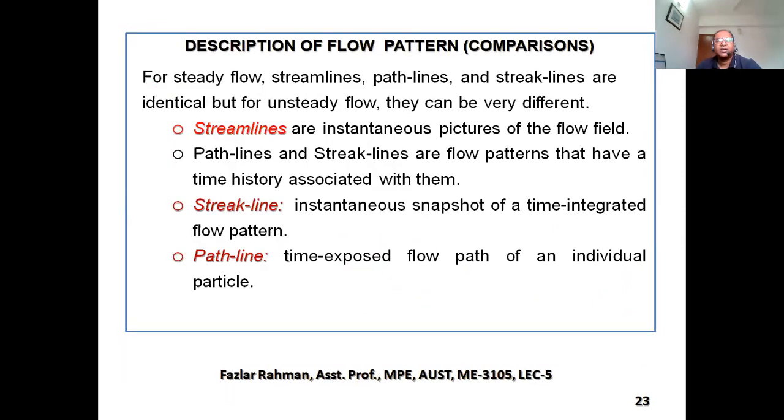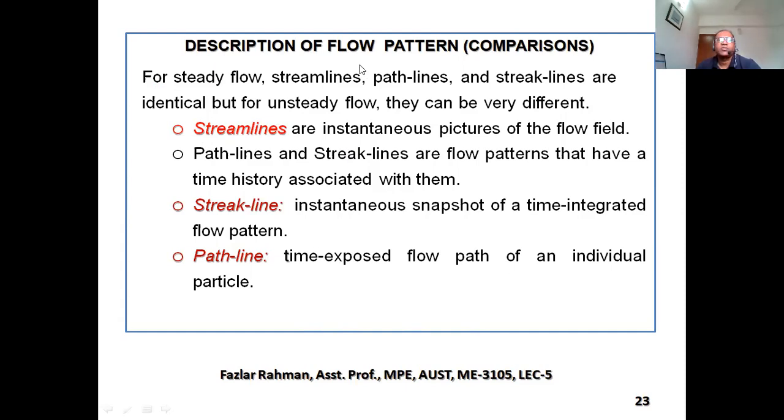Over here, I just try to show you the difference. Sometimes I ask the question: what is the difference between streamline, streak line, and path line? A path line is the flow path of an individual fluid particle with time exposed flow.